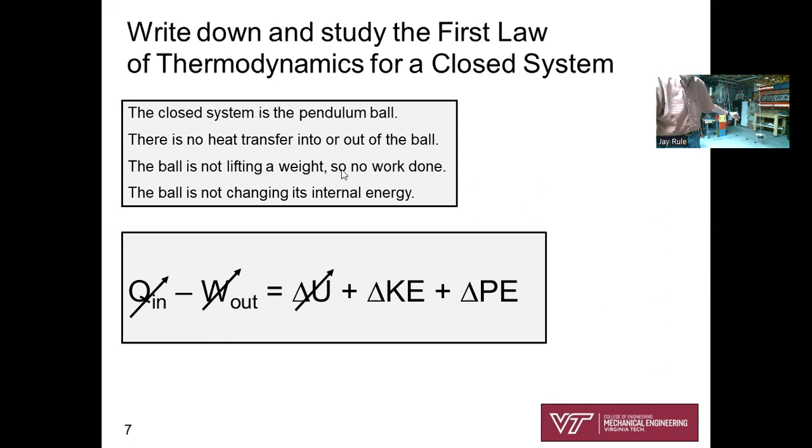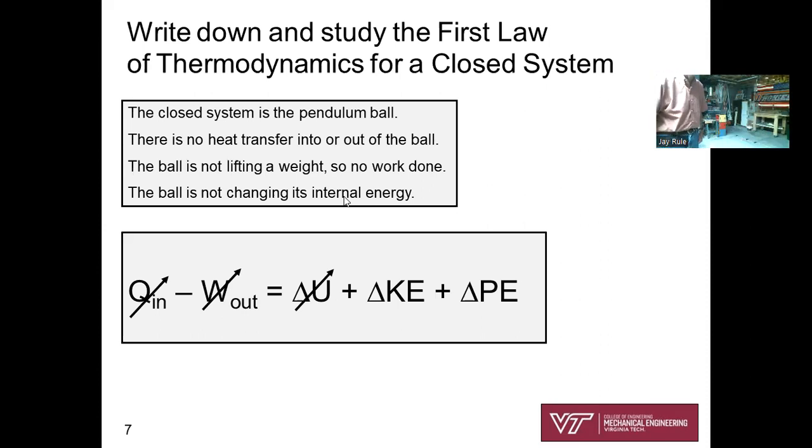The system is dynamic, but the mass is not lifting a weight, so there's no work being done from a thermodynamic standpoint. And this weight is not changing its internal energy. The temperature of the mass is not going up, not going down.